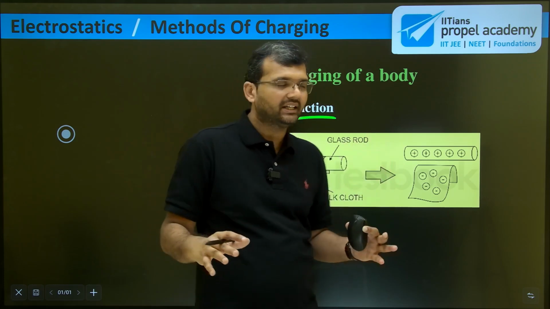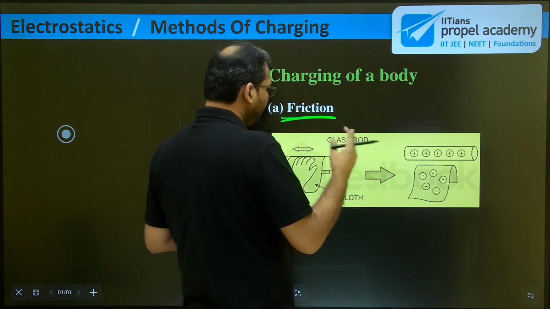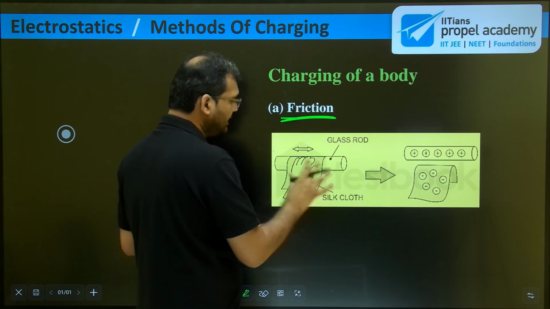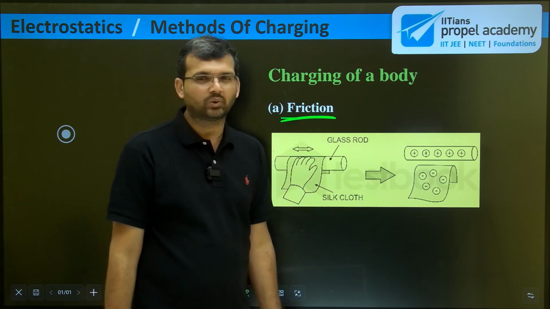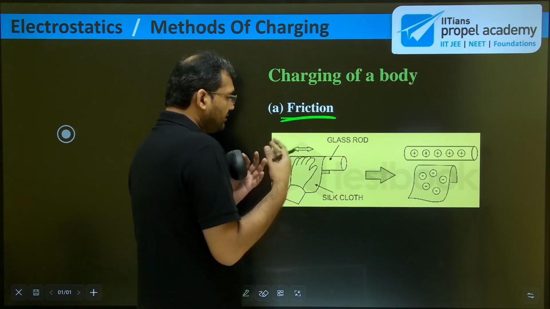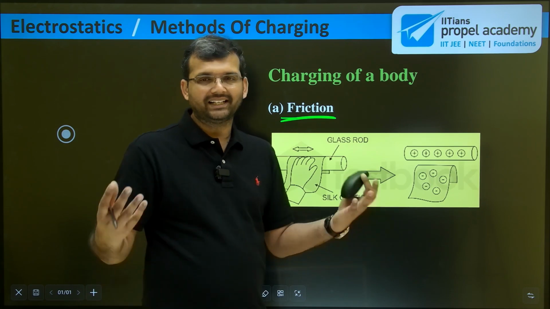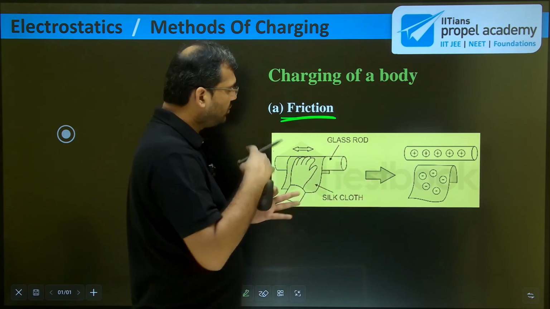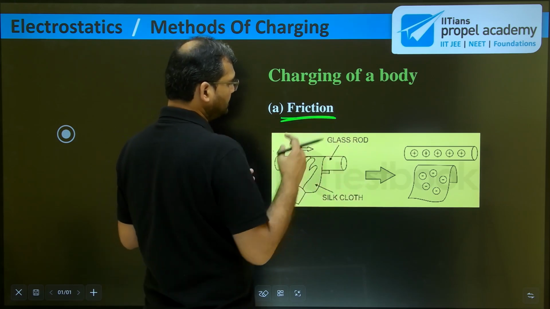So, when you rub two materials like a glass rod and a silk cloth, for example, the traditional one you heard from 6th class, because of rubbing you are giving mechanical energy, and electrons from one object will travel to the other object.